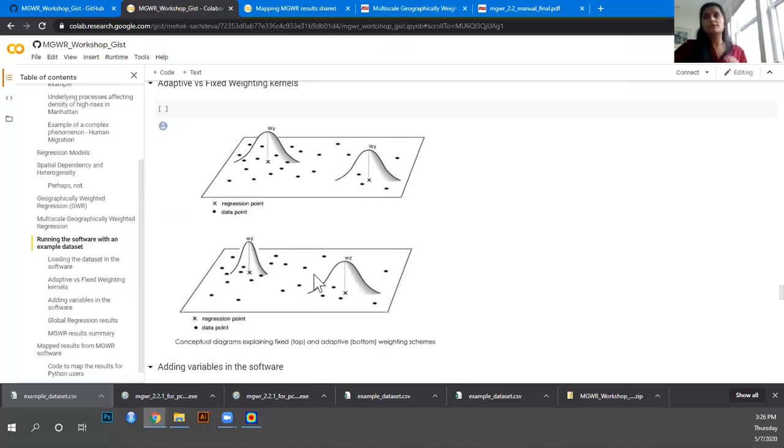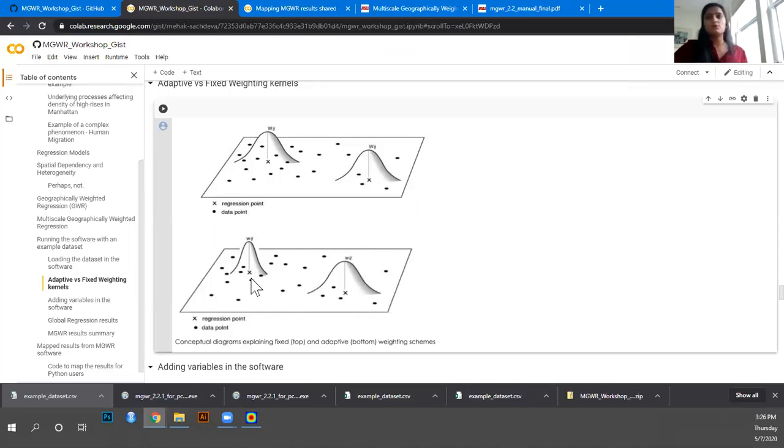This is mostly the case with spatial data that we use because our data is not like grids. If you have a data set which is mostly like grids, I would suggest that you use fixed, where the kernel width remains the same no matter how many points come into it, and that is defined by the distance from where the regression is happening to the far out distance used for the kernel.